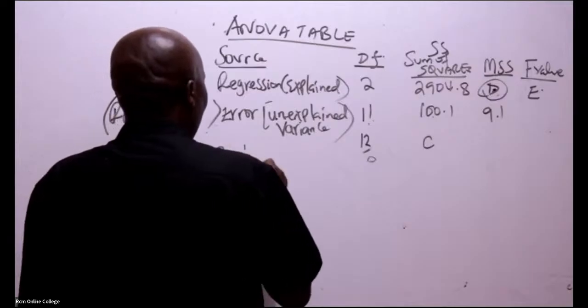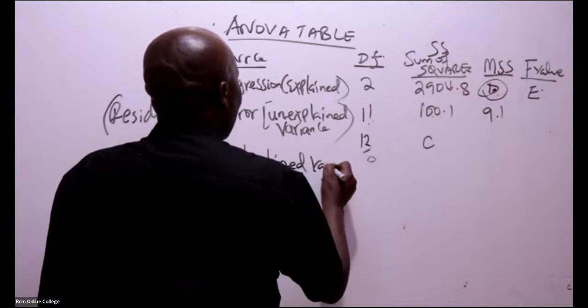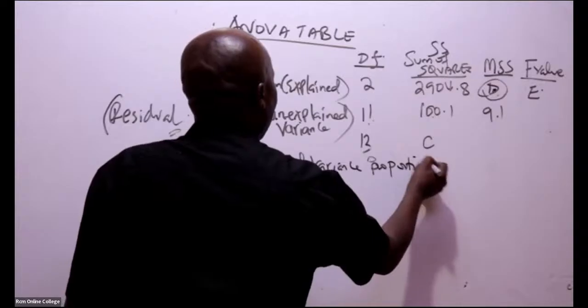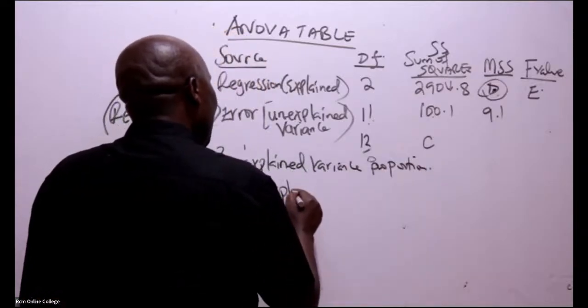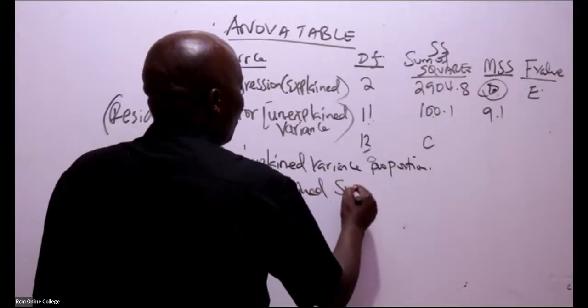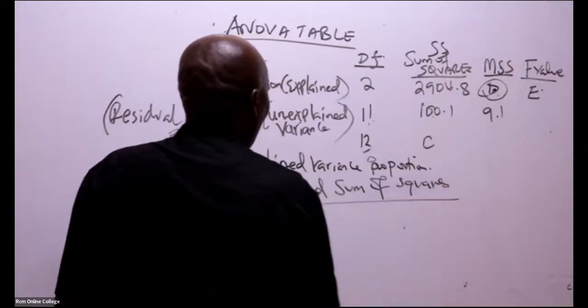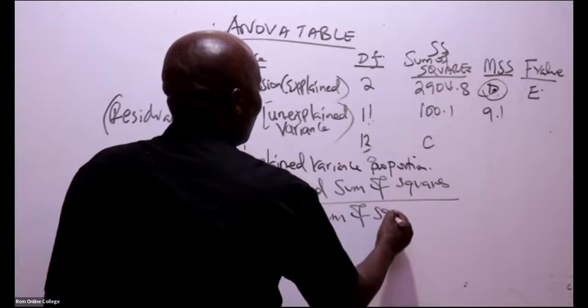R squared is the explained variance proportion. And how do we get this? This R squared is the explained sum of squares all over the total sum of squares.